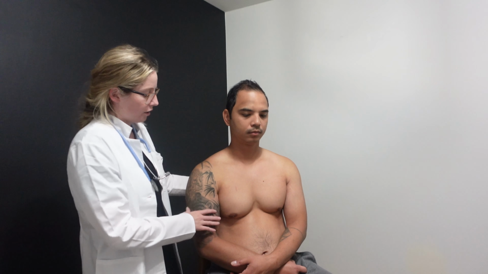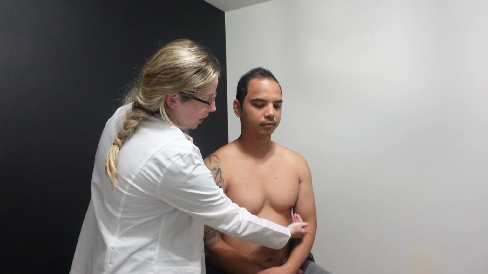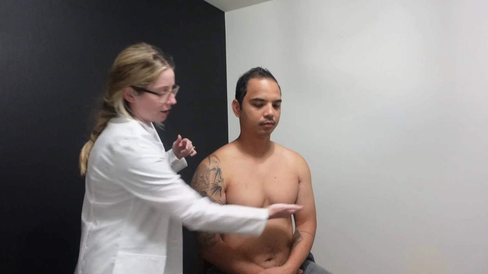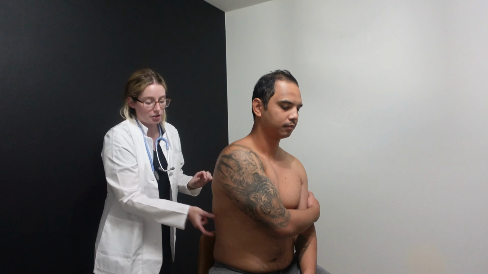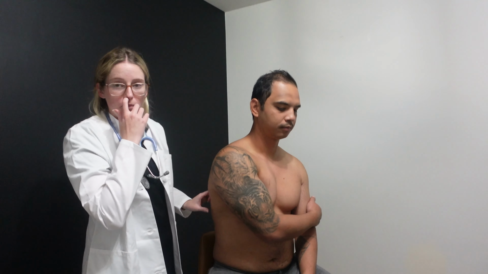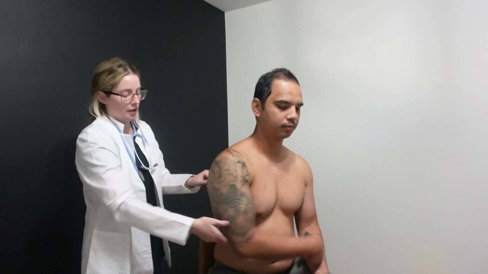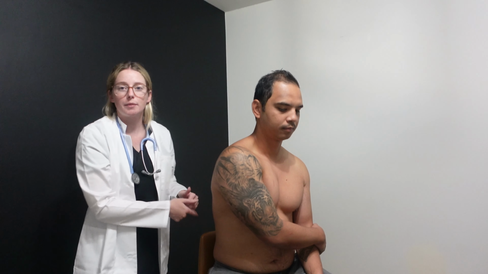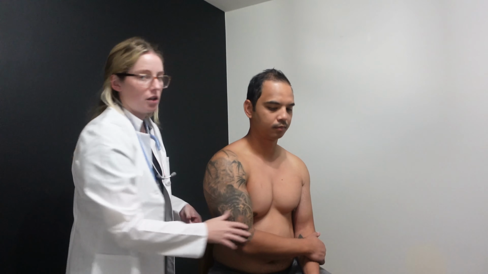What we want to compare is the transverse diameter, this way, versus the anterior to posterior diameter, this way. It should be in a 2-to-1 ratio, so we want this to be about twice as long as this. Someone who has a 1-to-1 ratio, where the chest is as wide as it is long, would be someone with a barrel chest.